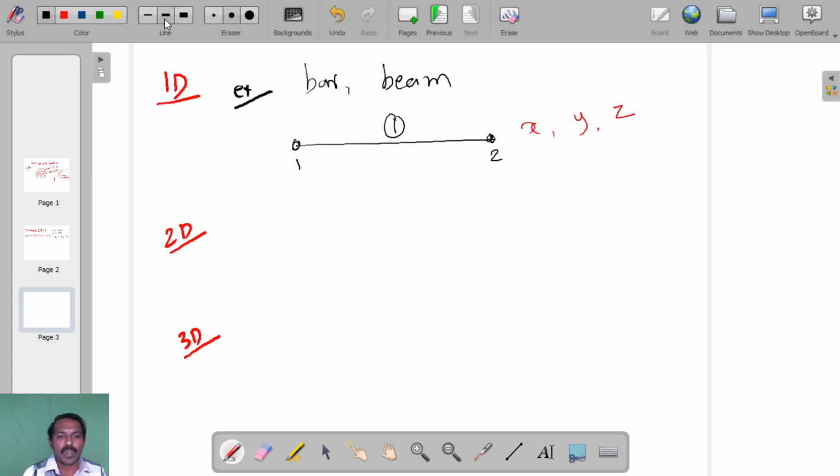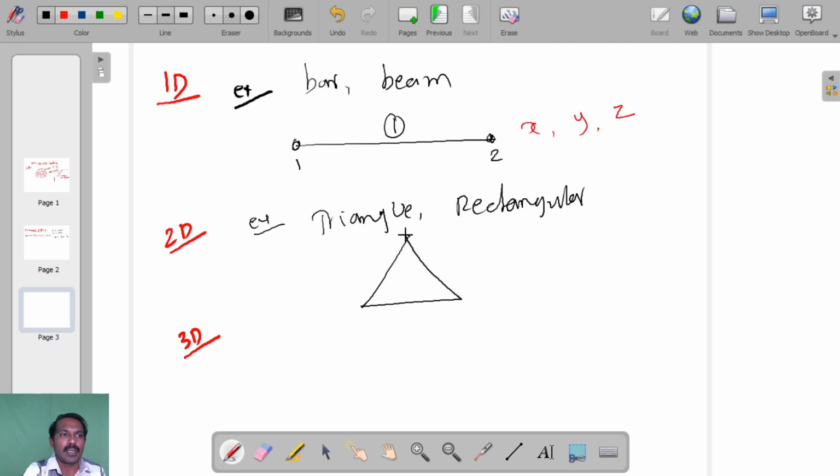Then two-dimensional elements. Examples are triangle or rectangular elements. The triangle element is one element with 3 nodes, nodes 1, 2, 3.